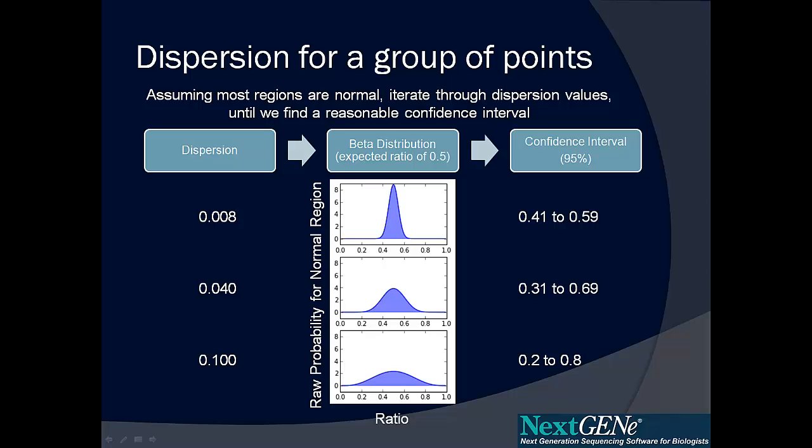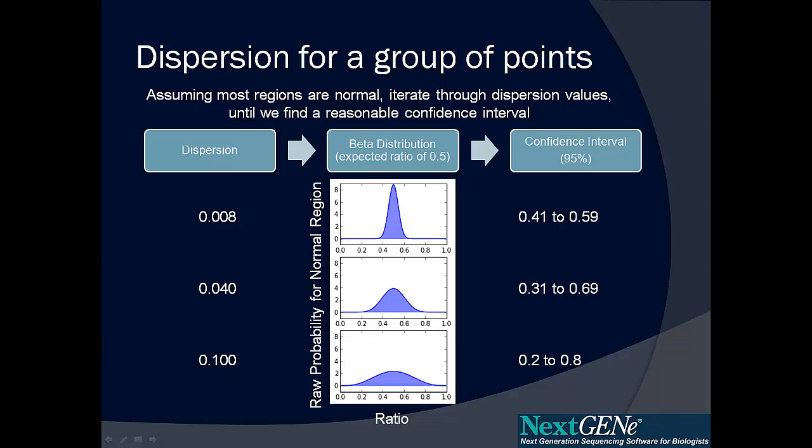The way this dispersion is actually calculated is we start with a small value and iteratively increase that value until we find a reasonable confidence interval that matches our data. So we have 3 different examples here. The top row has a low dispersion value of about 0.008. And this gives us a pretty narrow confidence interval. You can see the beta distribution is graphed.